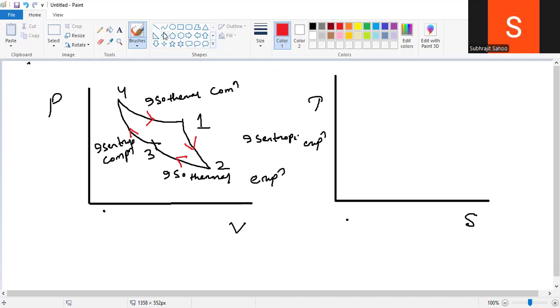The same way in the TS diagram, observe. Isentropic, 1 to 2 is isentropic. Isentropic means entropy constant. See, entropy constant or not?